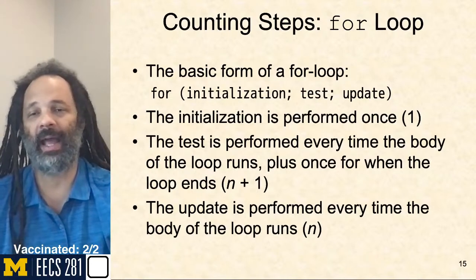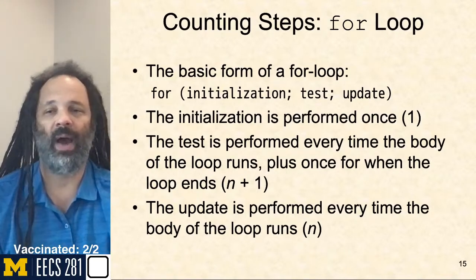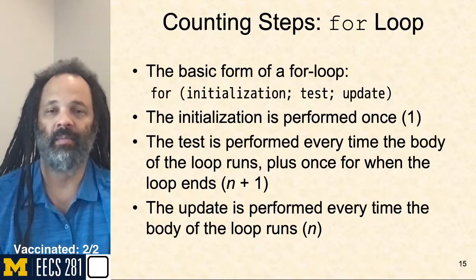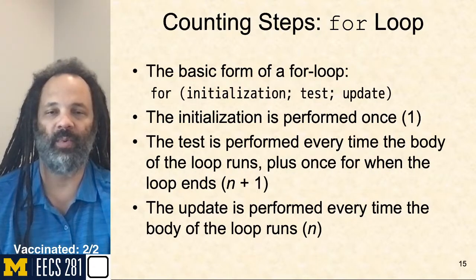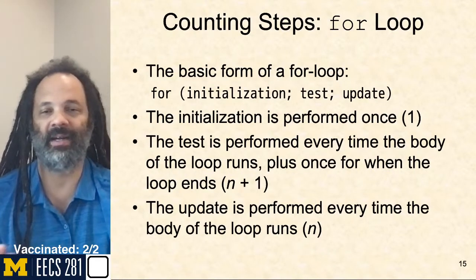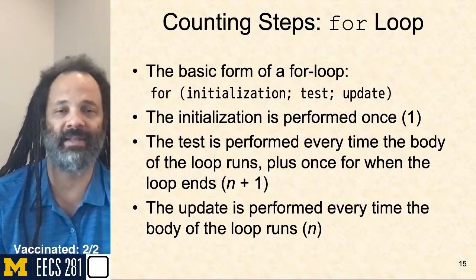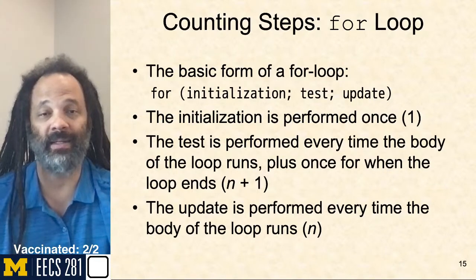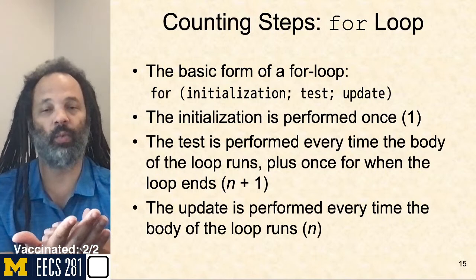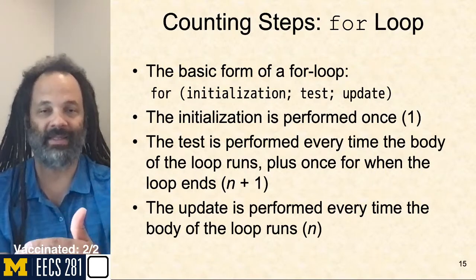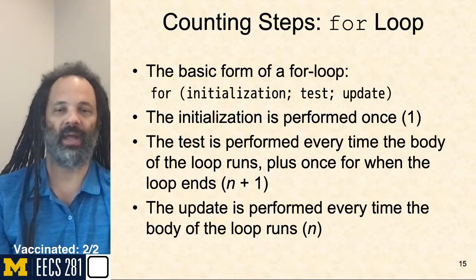So you imagine writing a for loop that never executes. So for i equals 10 while i is less than 10 plus i. That for loop would never execute because i starts out as 10 and we're comparing to see if i is less than 10, which it's not. So the body never gets executed once, but the test does get executed once.